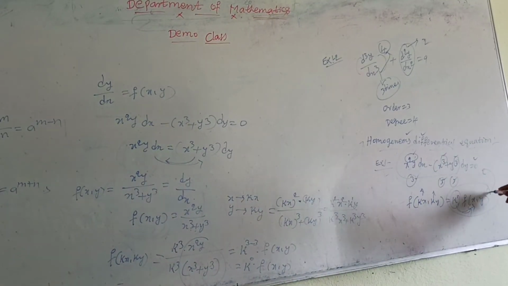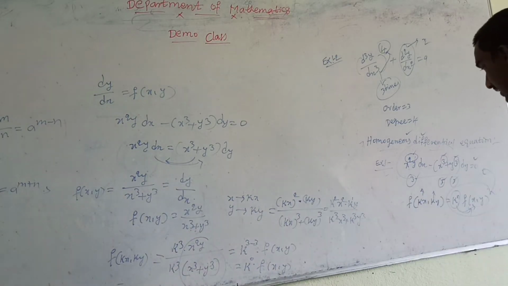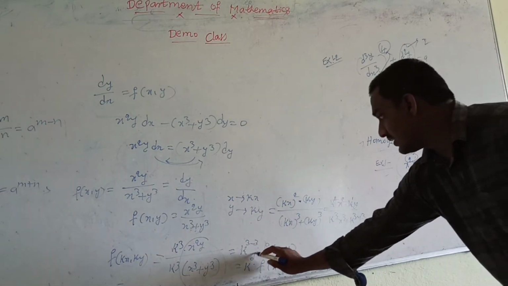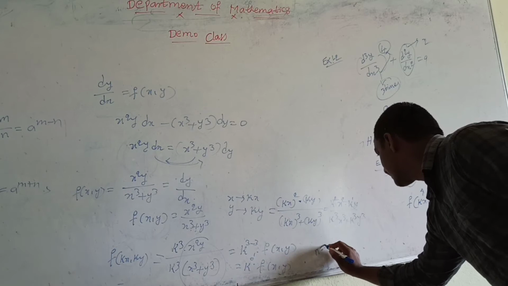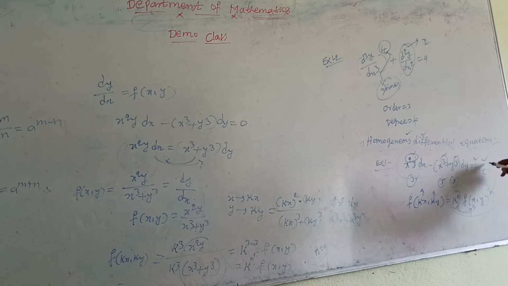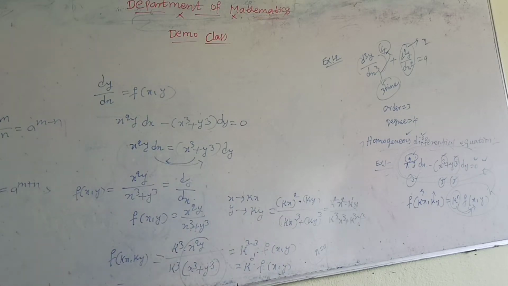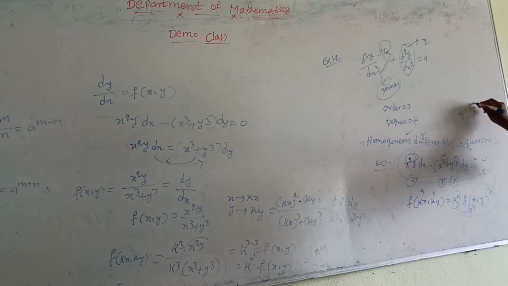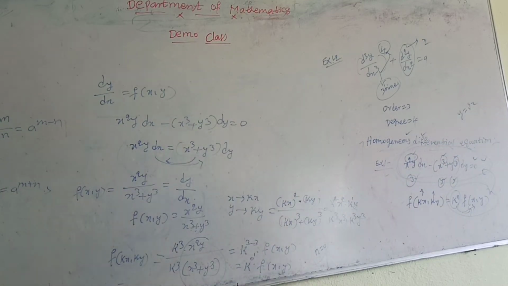In this method, n is 0 in this case, so it's a homogeneous differential equation. For students, it is better to learn in this method. So this is about the homogeneous differential equation. How to solve it: by putting y equal to vx, we'll get a solution.